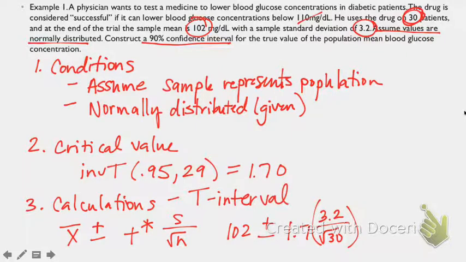But I don't have to do this by hand because I can run the t interval test in my calculator. It is under stat, test, T interval. You're going to use stats, plugging in the 102, the 3.2, and the 30. Under confidence intervals, it's number 8.